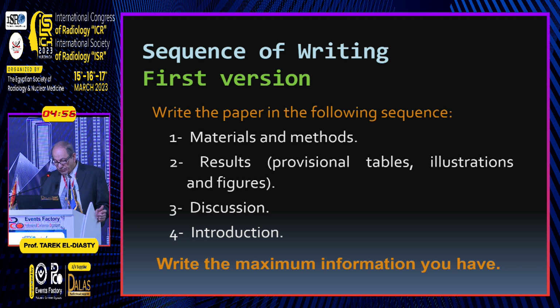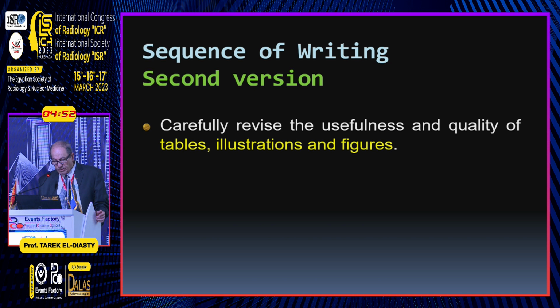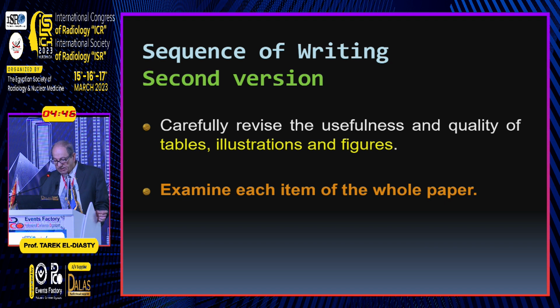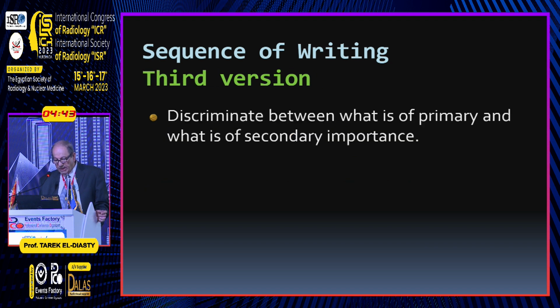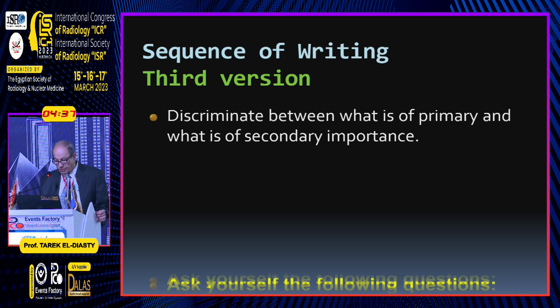Write the maximum information you have. In the second version, carefully revise the usefulness and quality of tables, illustrations, and figures. Examine each item of the whole paper. In the third version, discriminate between what is of primary and what is of secondary importance.